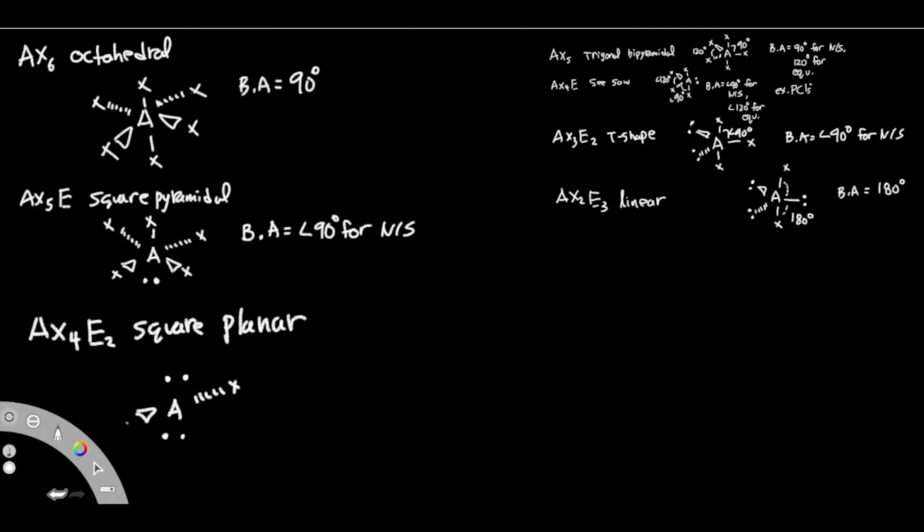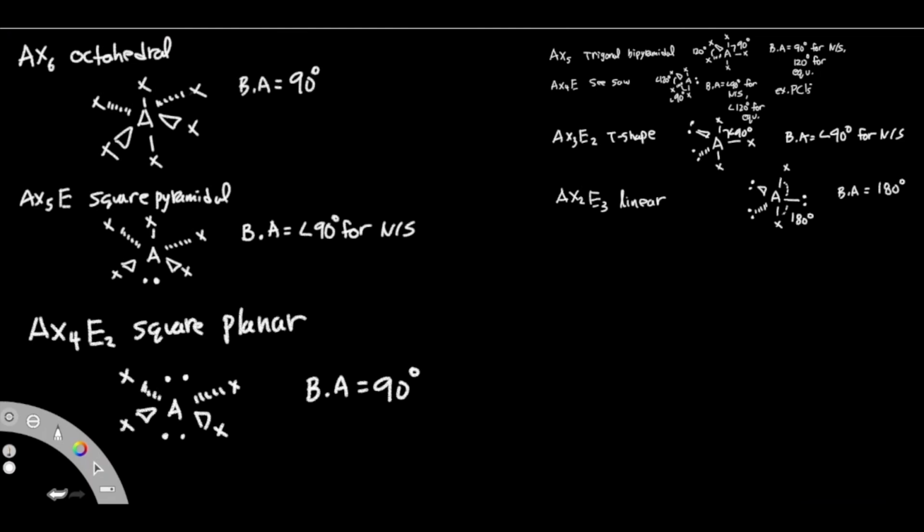No change. And this one, all the bond angles, just like the octahedral, is going to be 90 degrees. These are the shapes, AX2 all the way up to AX6 and their respective subcategories.